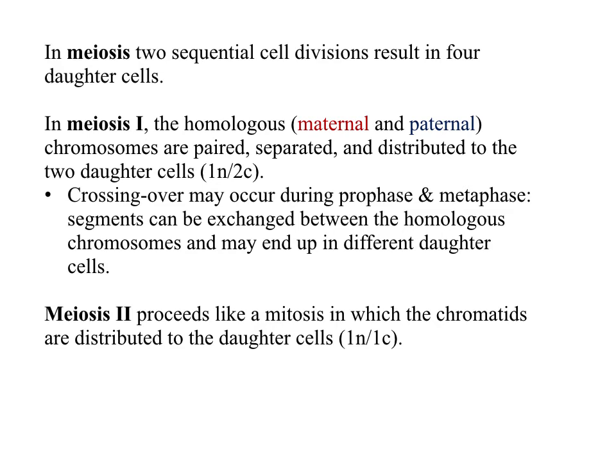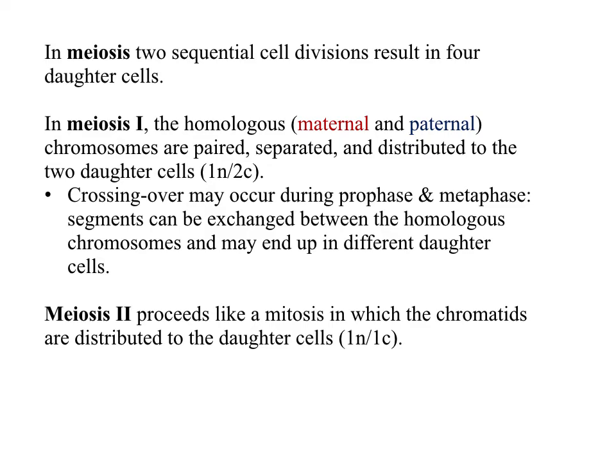This is the point at which crossing over can occur during prophase and metaphase, most likely during prophase 1. Meiosis 2 will then proceed like a mitosis in which the chromatids are then distributed to the daughter cells. So now we end up with 4 cells that are haploid and have 1 chromatid in them.